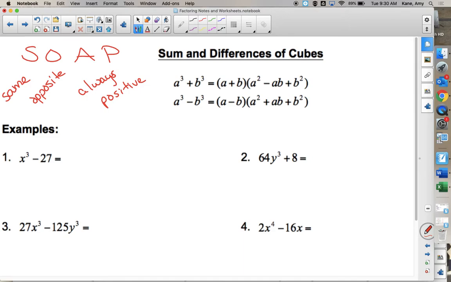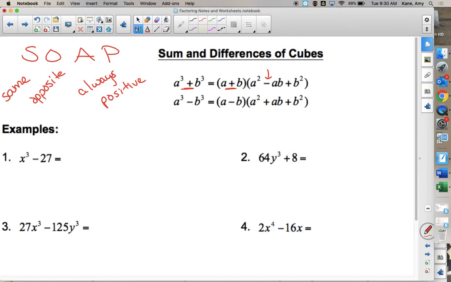The same sign is what you started with, and then the opposite sign, and then both of them are always plus, always positive. The pattern is A, B, A squared, AB, B squared. You just have to figure out what A and B are.